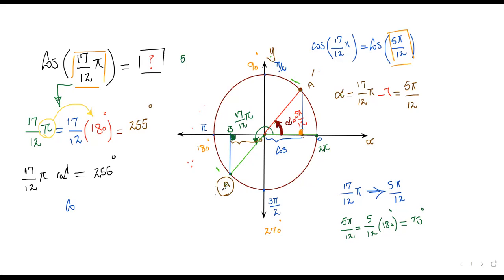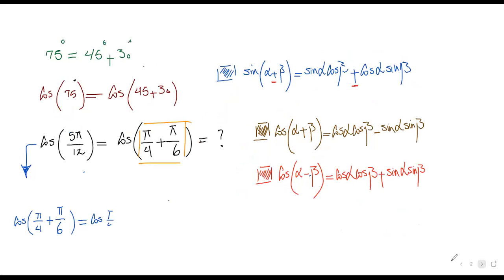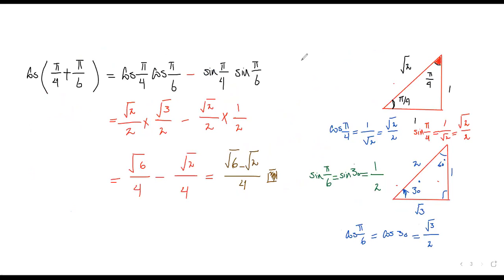But the original problem was what? To find the cosine of 17 over 12 pi, which stands on the left side. We learned that because of symmetry, these two lengths are equal, but because they are located on both sides of the origin, they are different just by a minus sign. Then as a result, we can finalize it like that.